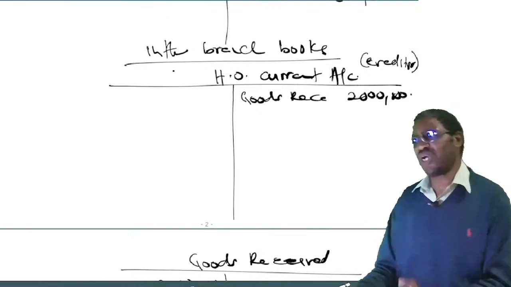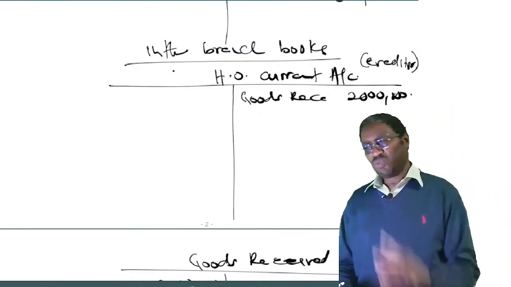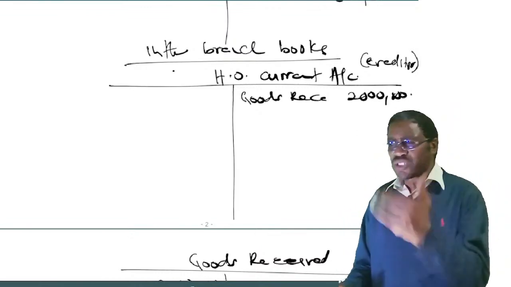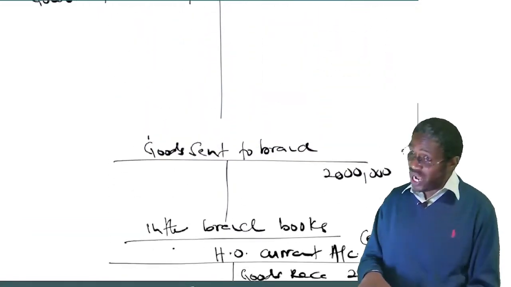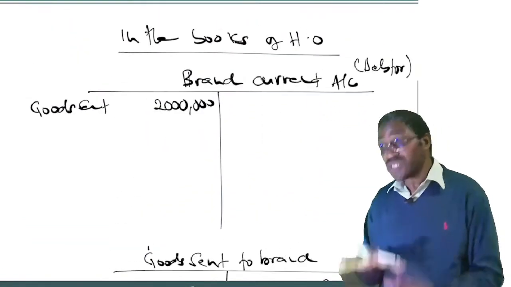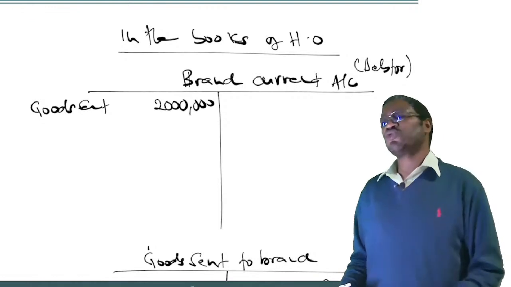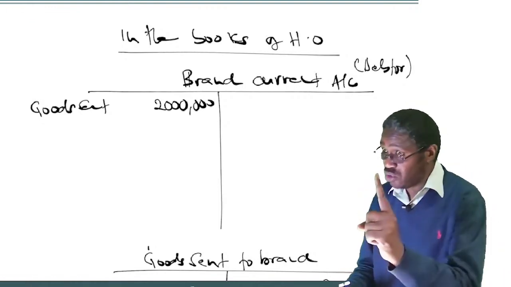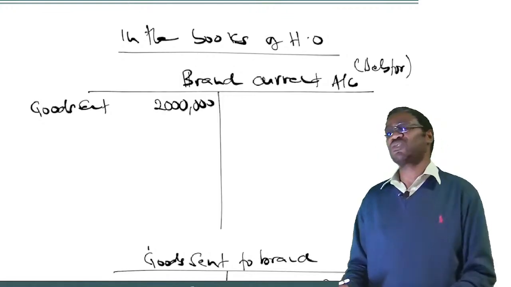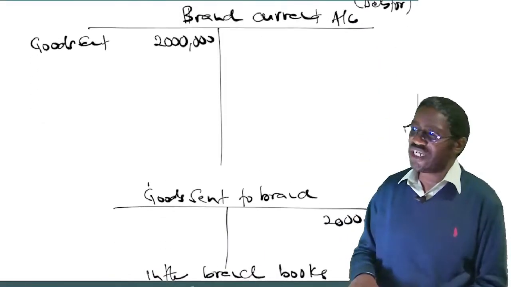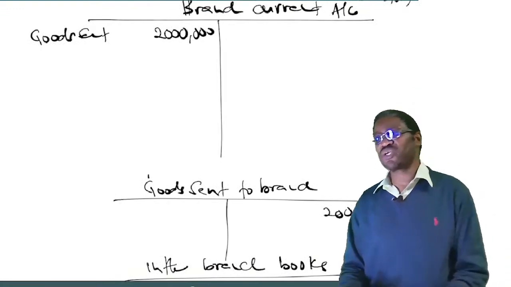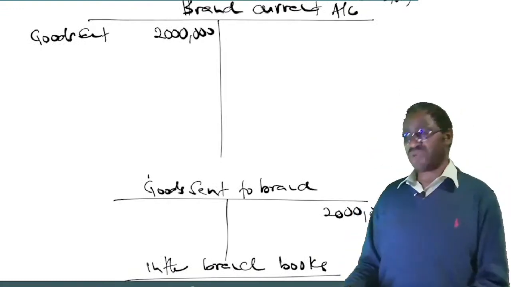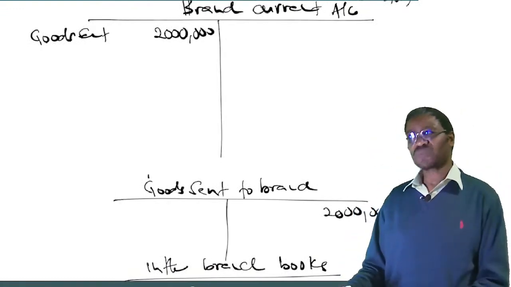So that is just one transaction. We have said, with goods sent to branch, you as a head office should debit branch current account to charge them. You debit the branch current account and you credit goods sent to branch by that 2 million.